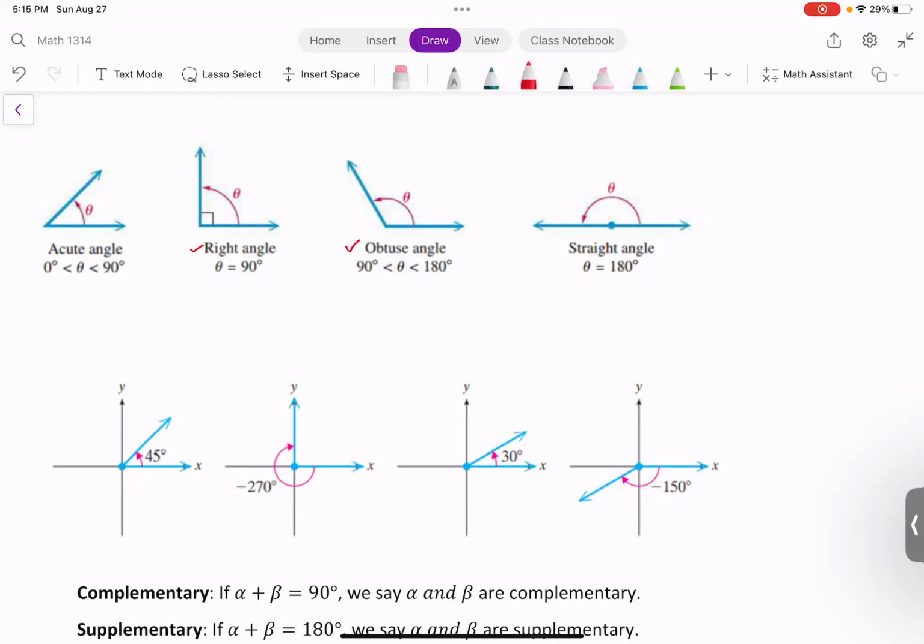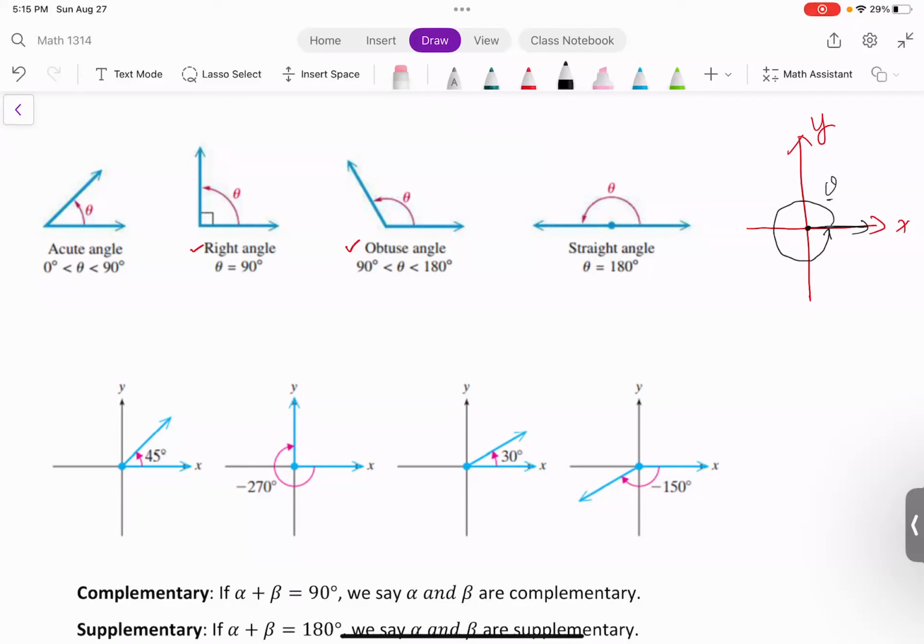All right. If I have the XY plane and my initial side is here, if I have a ray here, this is my vertex, I will rotate counterclockwise this way and then all the way back. Can you tell me the measure of the angle theta?